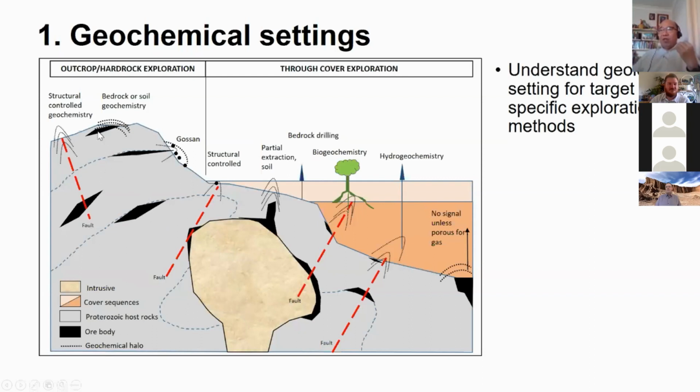The first scenario, in the exposed area, is that the actual ore material gets exposed to the surface. Therefore, when you pick a surface sample and just dissolve the whole thing, you will have a good idea what the grade of that ore material is. The second scenario is when the material gets to the surface and gets broken down into daughter products like gossans, laterite, etc. By analyzing those daughter products, you still have a link back to where the original deposit is, as well as the chemical signature.